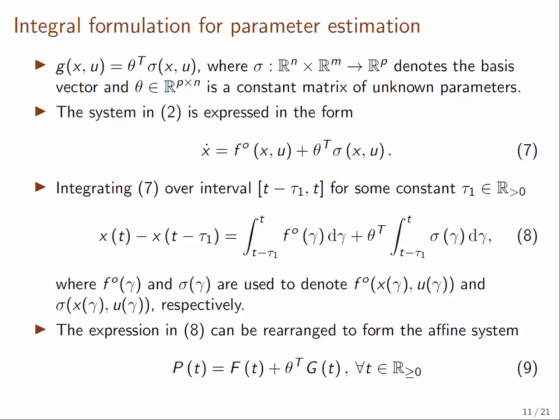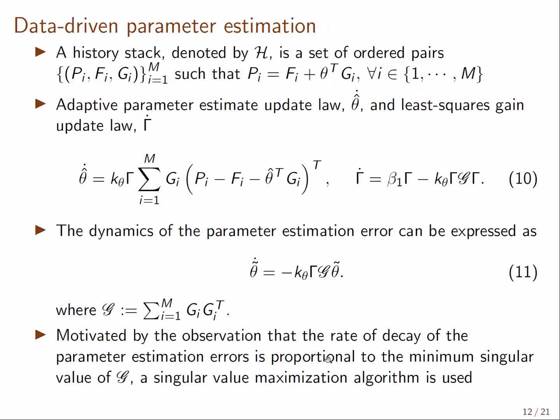What we do is we use a data-driven method, where we record the values of P, F, and G at various different time instances into a history stack. So a history stack, curly H, is just a set of ordered pairs P, F, and G, such that P is F plus theta transpose G. With this, we can develop an adaptive parameter estimate update law using a recursive least squares like formulation, which is given here in 10.